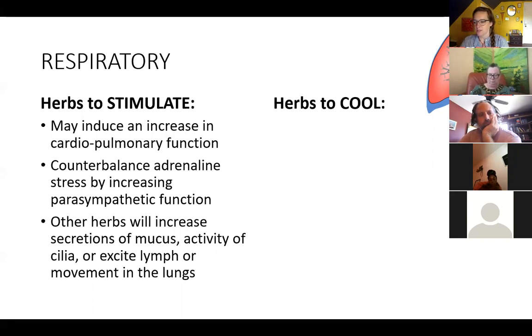Other herbs will increase secretions of mucus, activity of cilia, which are the fine little hairs in your respiratory tract, like in your nose, and others will excite lymph or movement in the lungs.